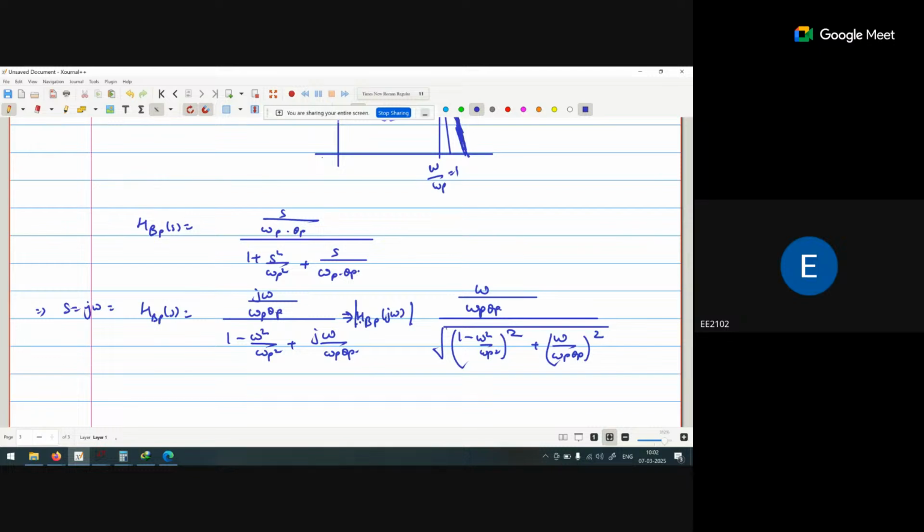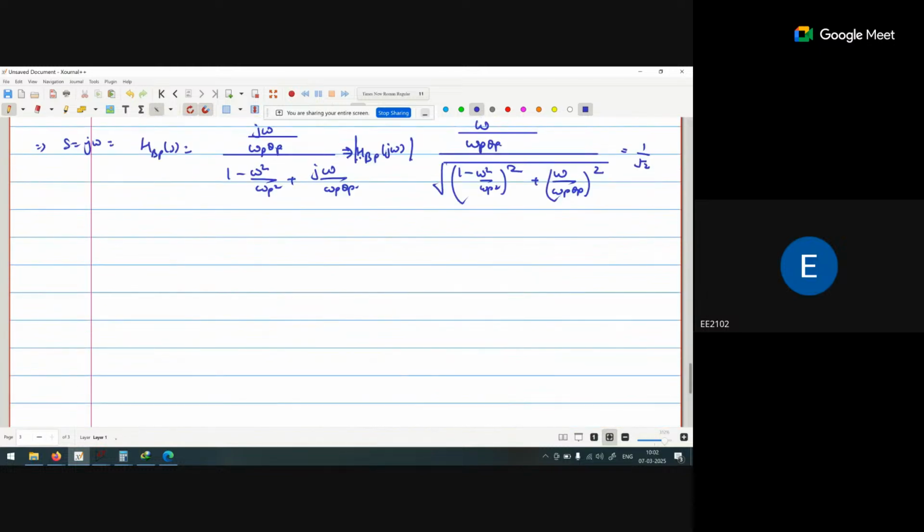So from that one you can find out the cutoff frequency. How do we calculate the cutoff frequency? Basically by putting the value of 1 upon root 2. If I take the square of that, it becomes ω² / (ωp Qp)² upon, sorry, cancel out.